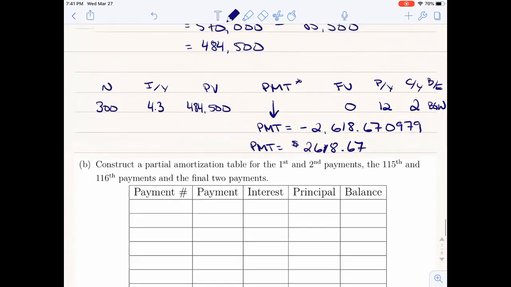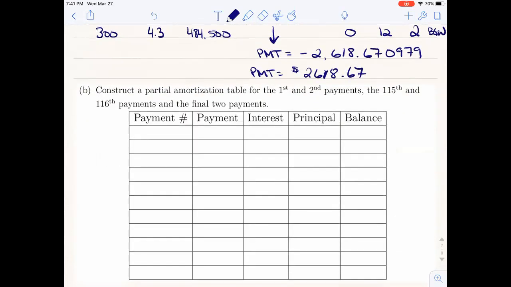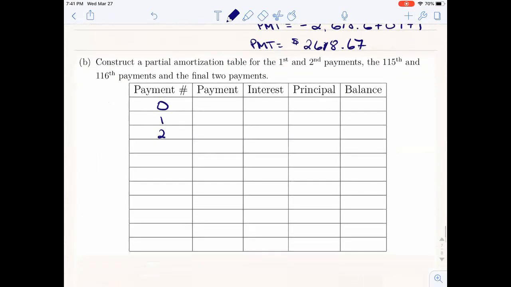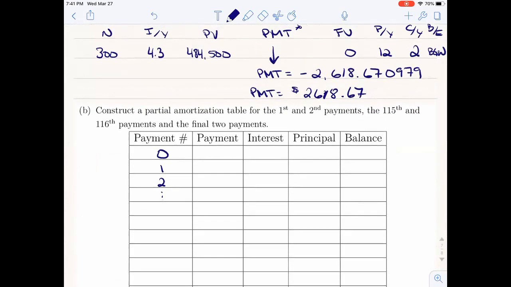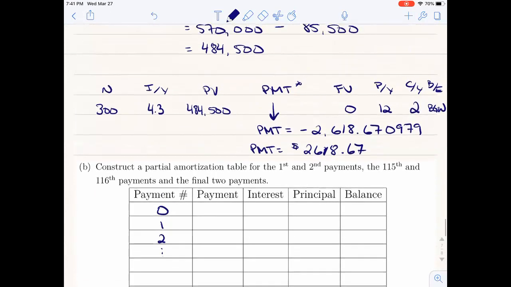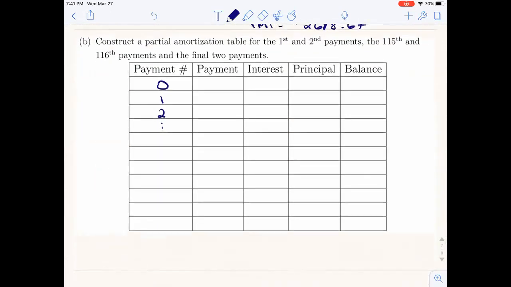So remember the rule was, the first payment number is 0. And then we want payment number 1, number 2. And then we want the 115th payment, which means we need 114, 115, and then we also want 116.